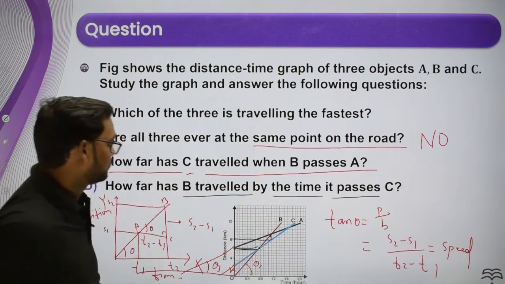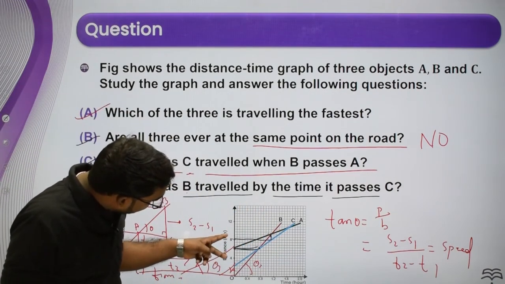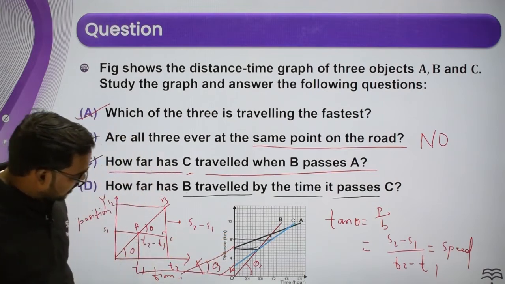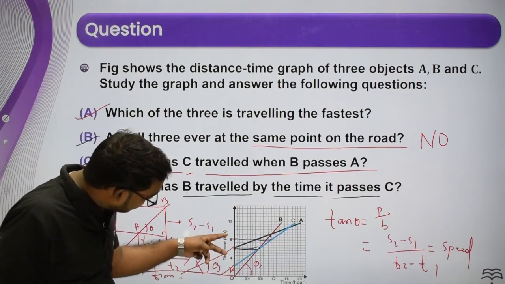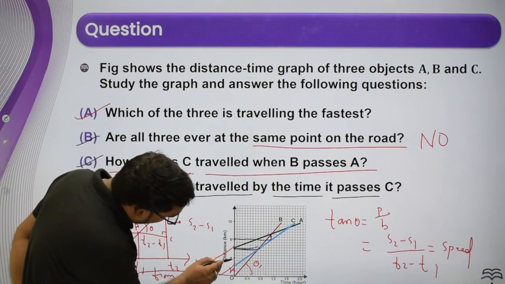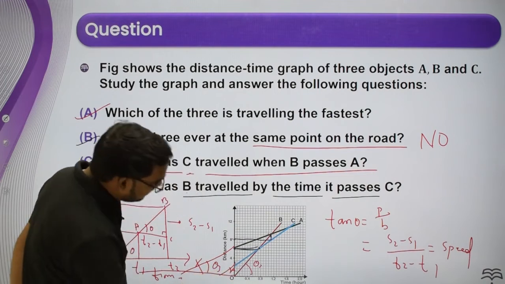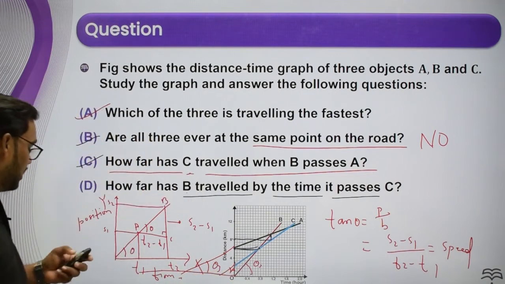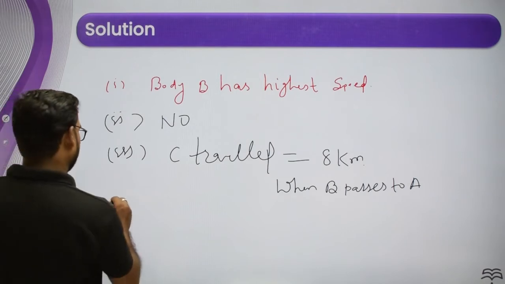Because this point lies in between 4 and 8, and you know this length is 4 and this length is 8, and the small units in between 0 to 4 are 1, 2, 3, 4, 5, 6, 7. This is 7. So 4 kilometer is represented by how many units? 7 units. So you need to calculate here.